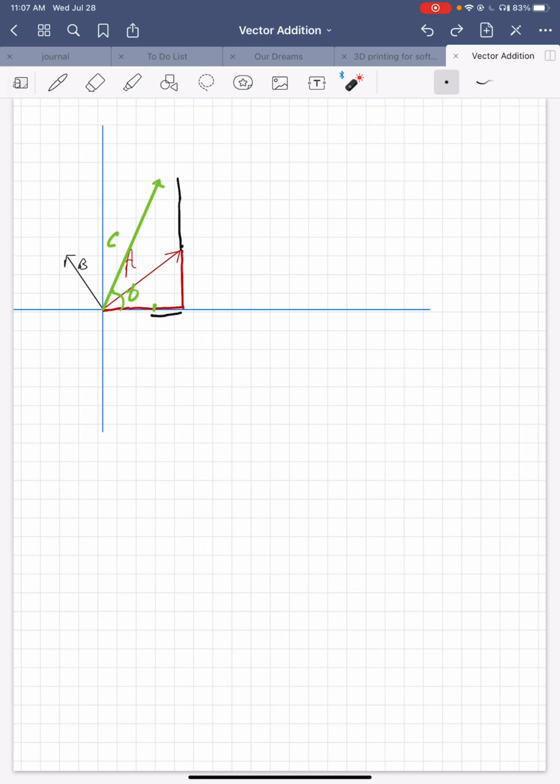In this case, for A, with my alpha down here, I would have A sine theta and A cosine theta, and then I'd have B cosine theta and B sine theta, and that would give me my component vectors. Then I can add them and get the component vectors Cx and Cy.